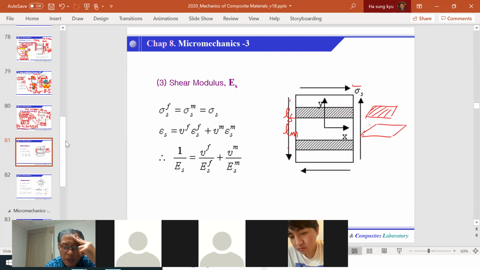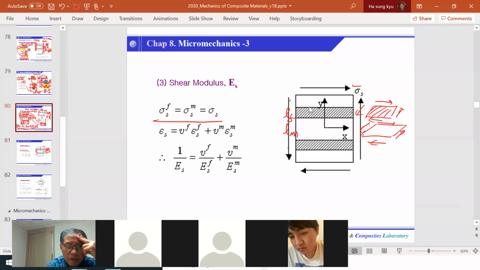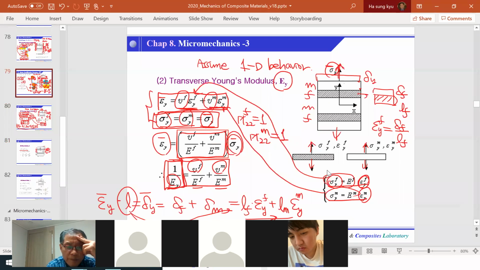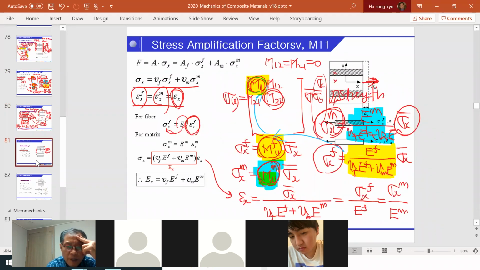And the stress applied to the fiber and the stress applied to the resin will be all the same, similar to an equilibrium.